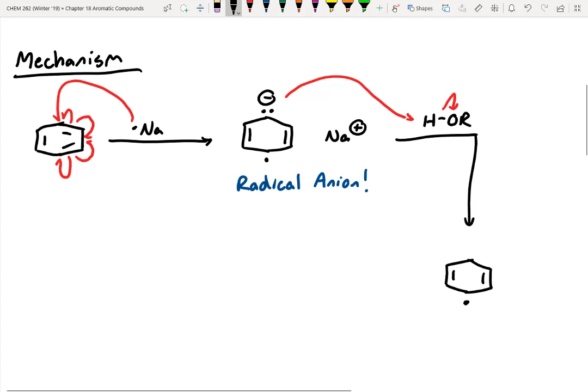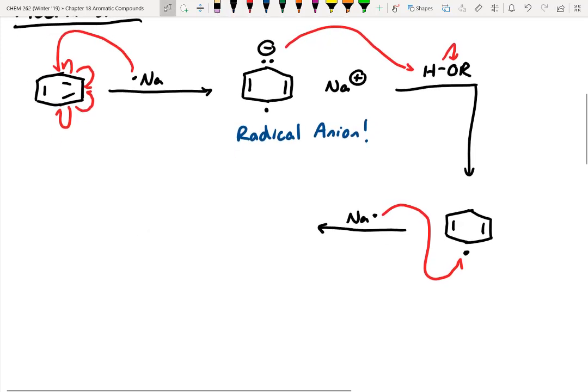However, we still have that radical position down below. Normally this reaction is done with excess of your sodium metal. So at this point, your sodium can say, that's okay, I'm going to give a second electron to this position. That way we can pair up those electrons.